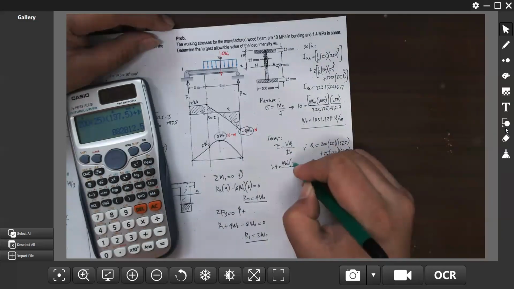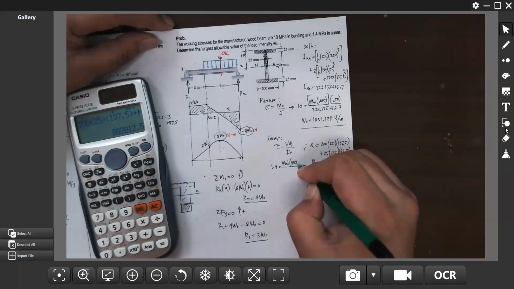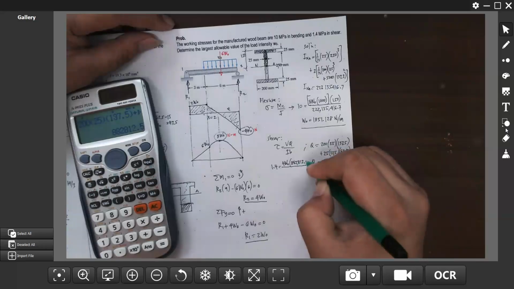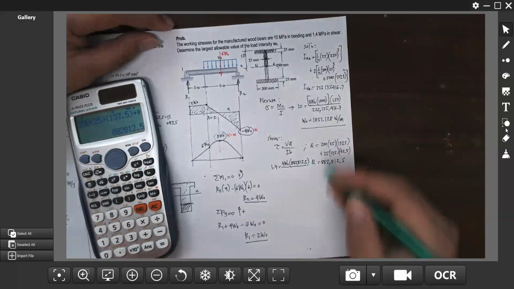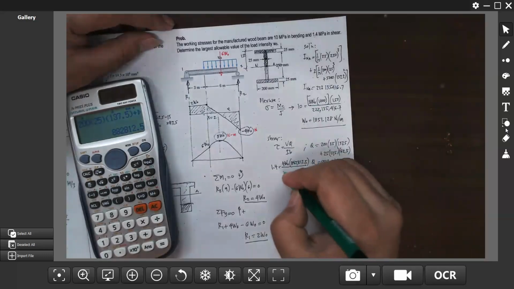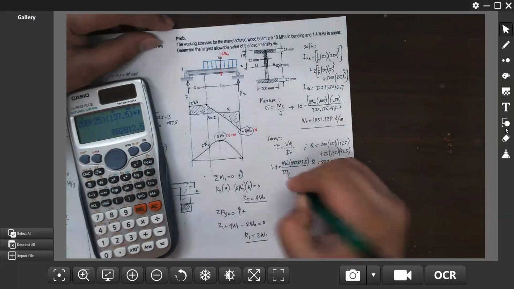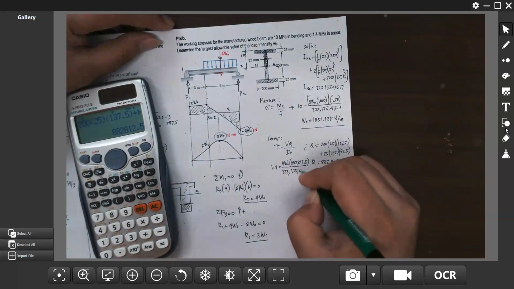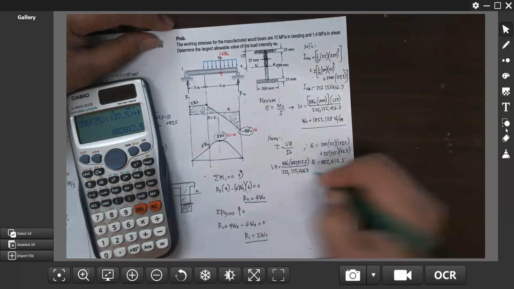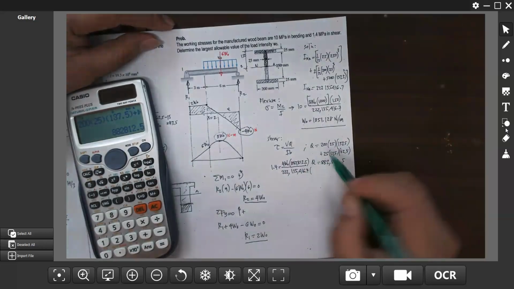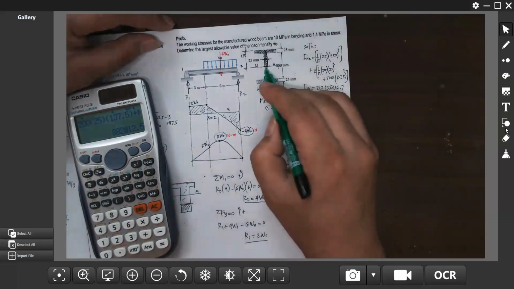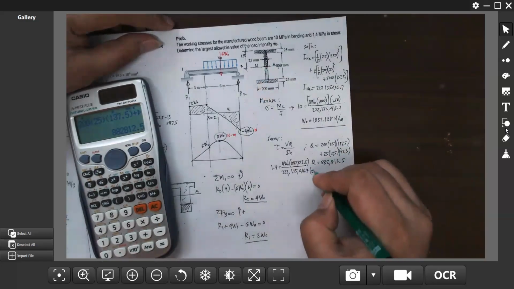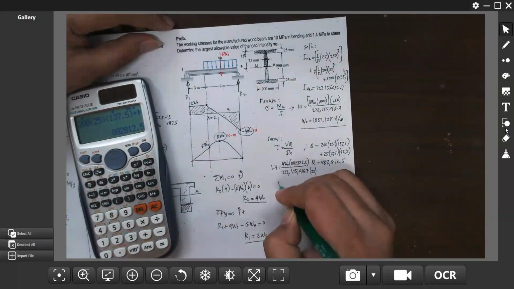Q dayon. 882,812.5 divided by I, 222,135,416.7 B. Dili man ta nagkat. So 25 na. Okay.